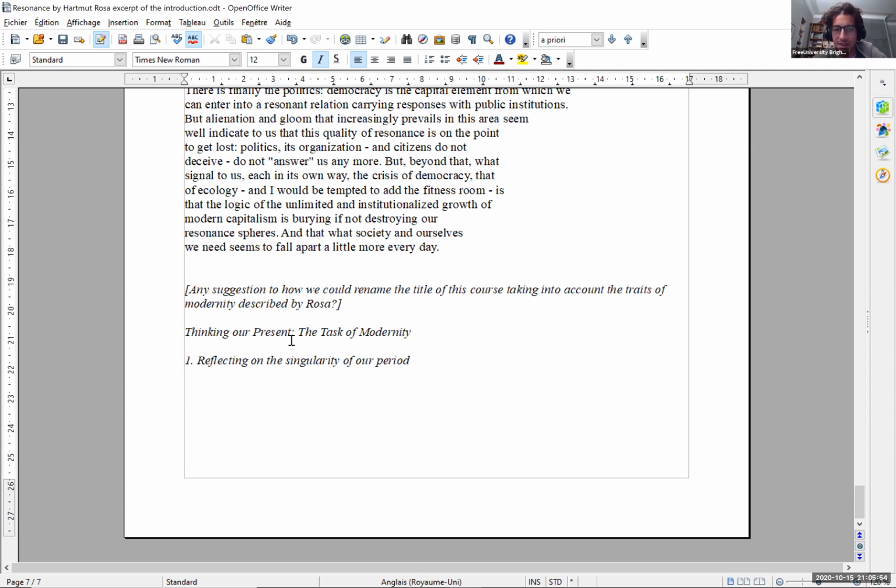That the task of modernity is to reflect on the singularity of our period, which is what we came to as a conclusion in the first term when we studied Was ist Aufklärung, what is the Enlightenment.